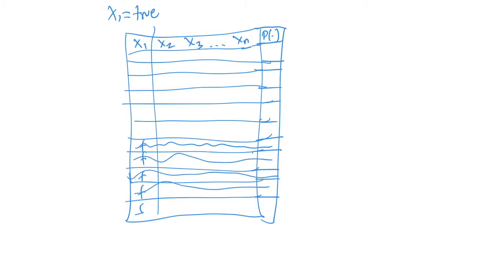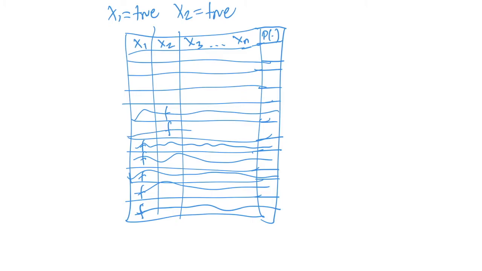We do not consider them because they do not match our evidence. And we have another piece of evidence, that x2 equals true. All right, so we come here and take everything where x2 is false, and we eliminate those rows too. The rows that remain match the evidence.